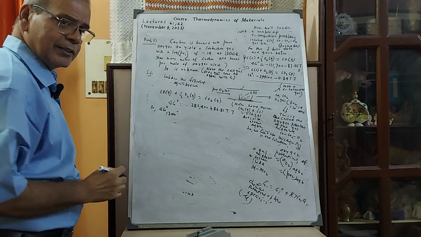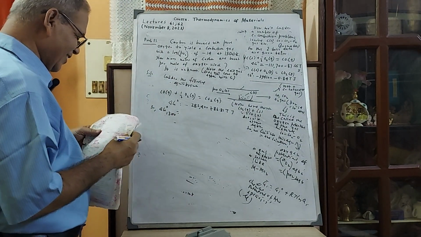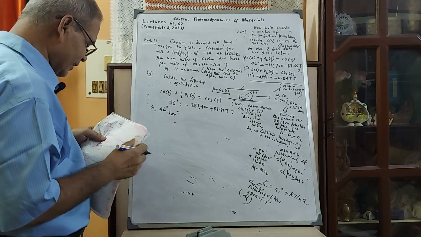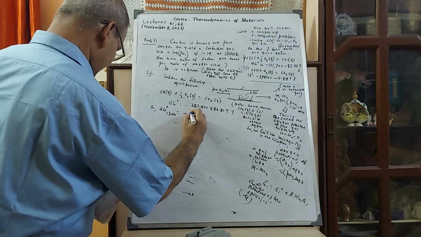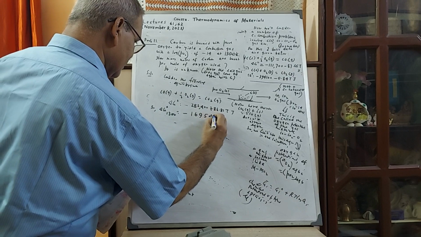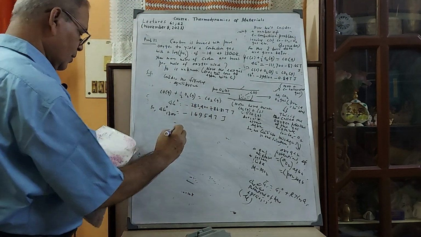Delta G0 at 1300. See, you are thinking, sir, heavy, AC room, so heavy job. Delta G0 at 1300 is minus 169,547 joule. So what is the K?